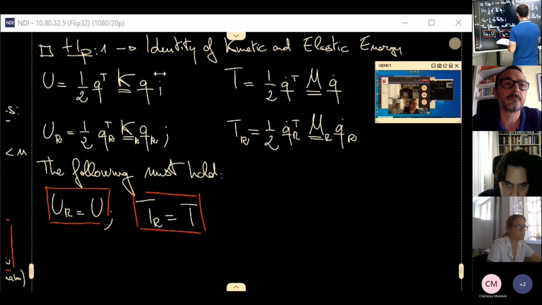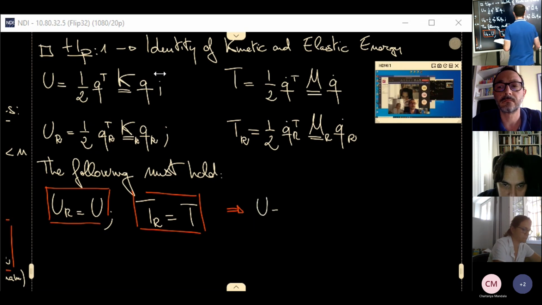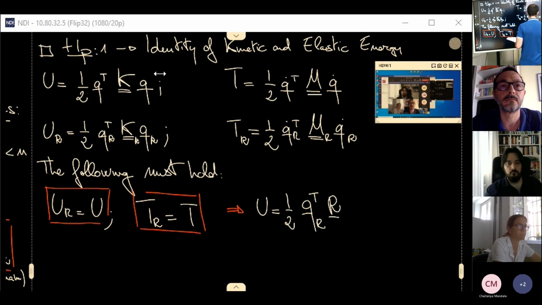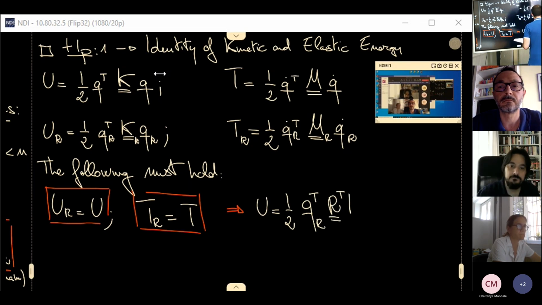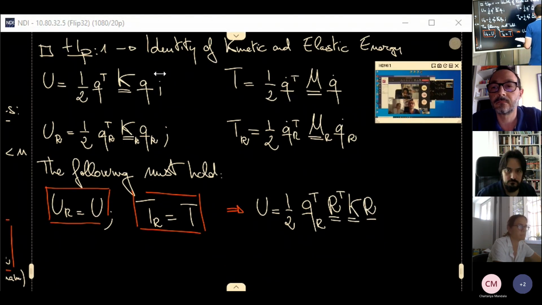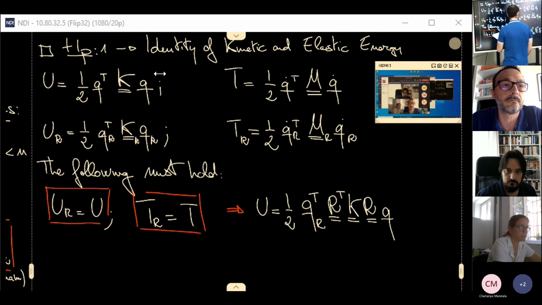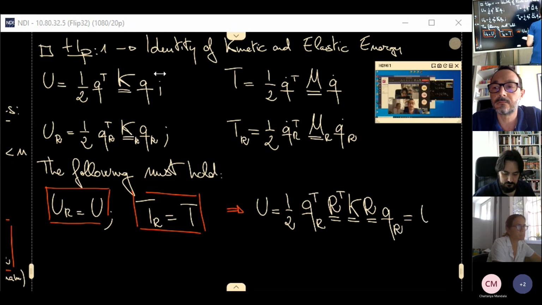Let's do it, sorry, for the sake of clarity. So, U is 1 over 2 of QR transposed R transposed K R QR. Okay? And this must be equal to UR.